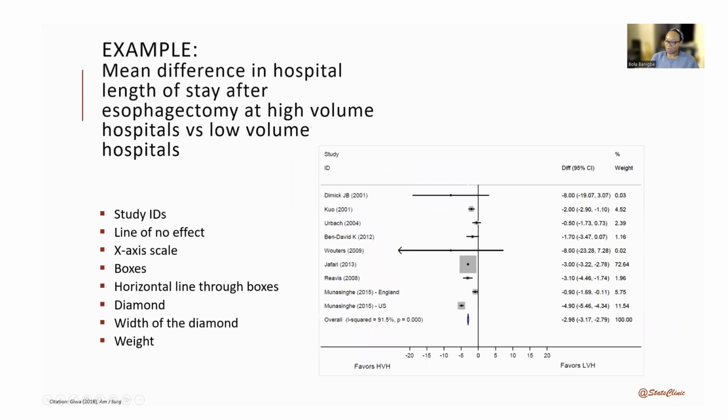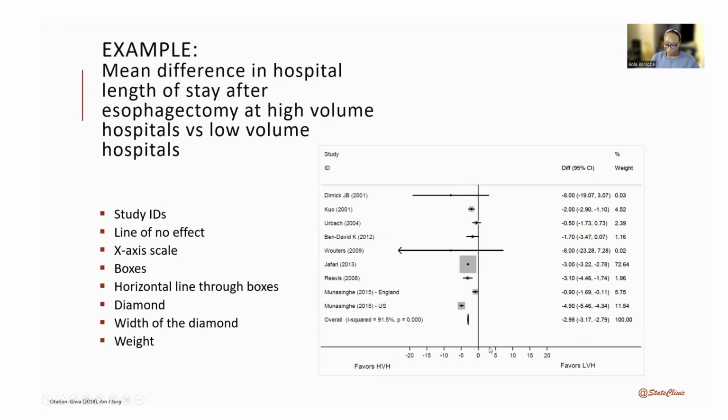Now we're going to talk about similarly mean difference here in hospital length of stay after esophagectomy at high volume hospitals versus low volume hospitals. And I'm just going to take us through the way to systematically read the forest plot. So the study IDs, you can see all the different studies.